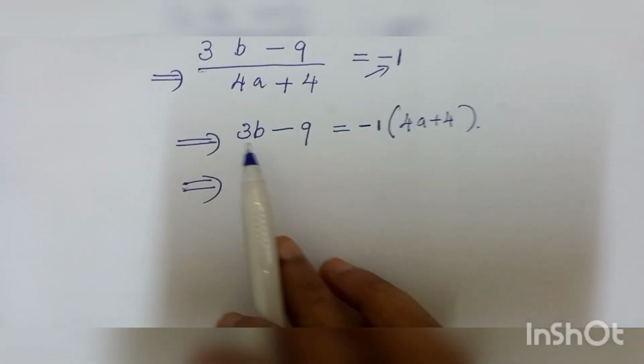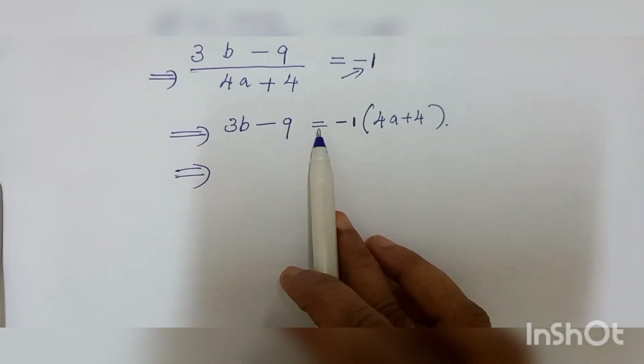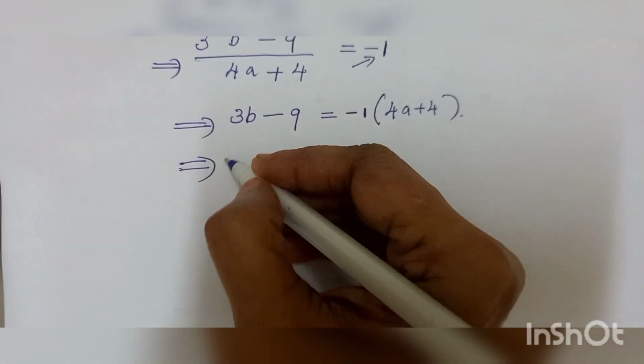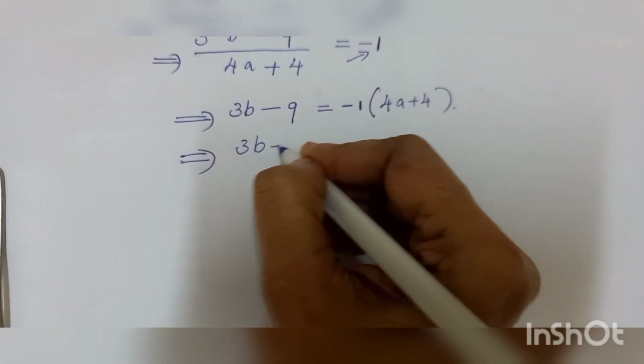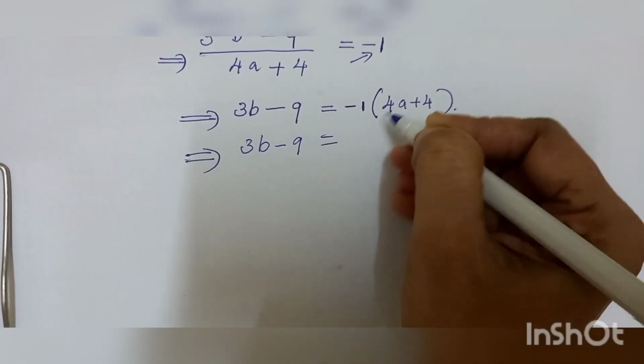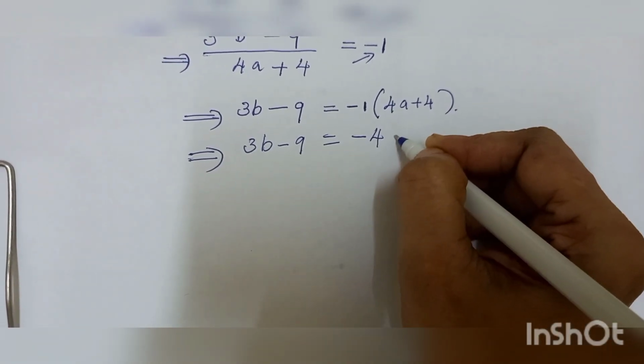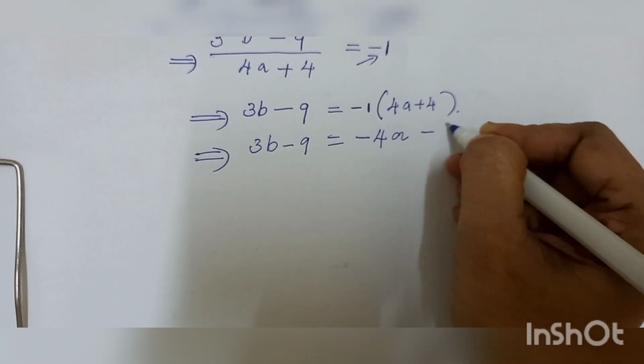Cross multiplying, 3b minus 9 is equal to minus 1 in bracket (4a plus 4). So 3b minus 9 equals, removing the bracket, minus 4a minus 4.